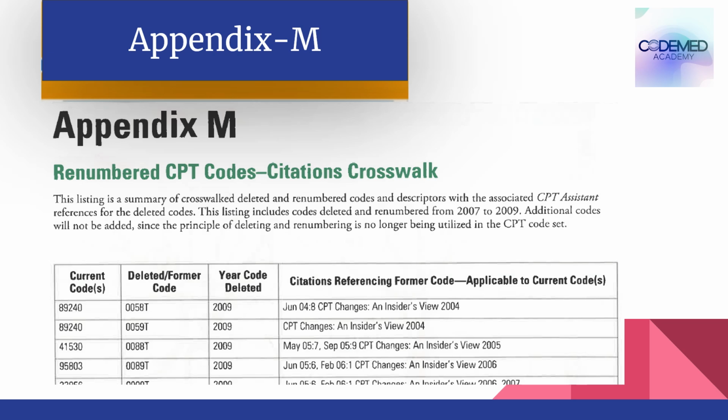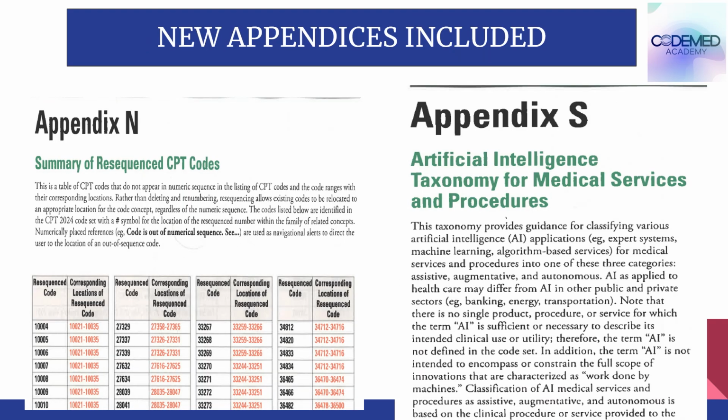This is Appendix M. It talks about the renumbered CPT code citation crosswalk. So remember, every year, depending upon the requirement, the CPT keeps on adding new appendices. On this slide, you can make out that there is Appendix S, which talks about artificial intelligence taxonomy for medical services and procedures.